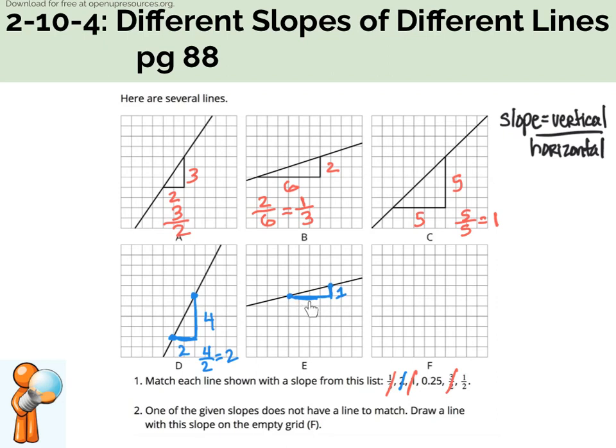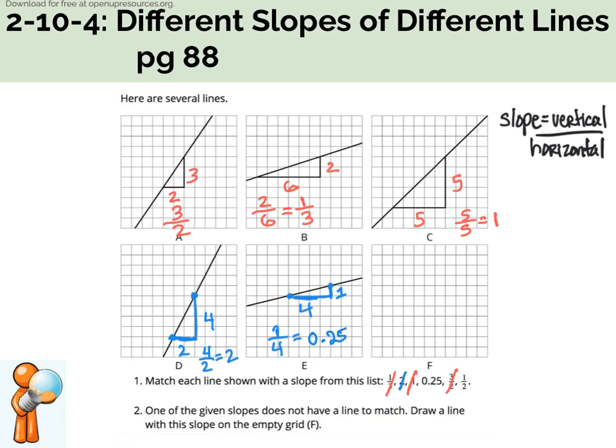It's 1, 2, 3, 4. So our horizontal is 4. So our slope is vertical 1 over horizontal 4. Let's look at the list that we have. We have 0.25 and then 1 over 2. 1 over 2 is not 1/4. And 0.25, if I divide 1 over 4 and make it a decimal, is 0.25. So that is actually the 0.25.